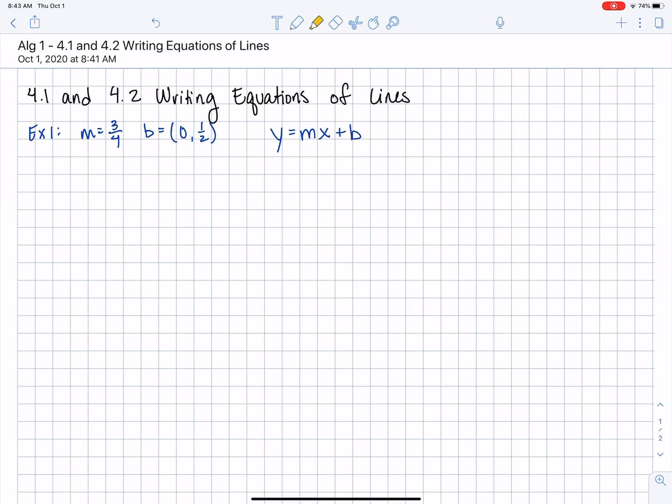All we need to do is replace our m with our slope and our b with our y-intercept. That's easy enough to do. This one is y = 3/4x + 1/2. And that's it. That's as simple as it is when you have your slope and your y-intercept.